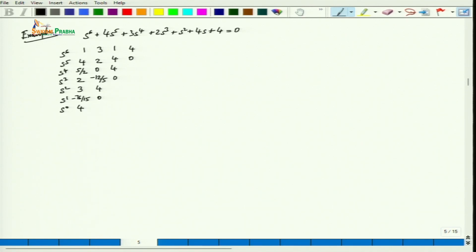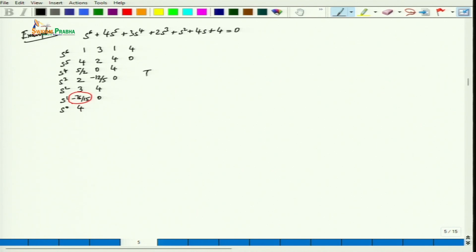Now we will look at the first column of this Routh stability array, and what you see is there is a sign change from 3 to minus 76 by 15, and again from minus 76 by 15 to 4 there is another sign change.